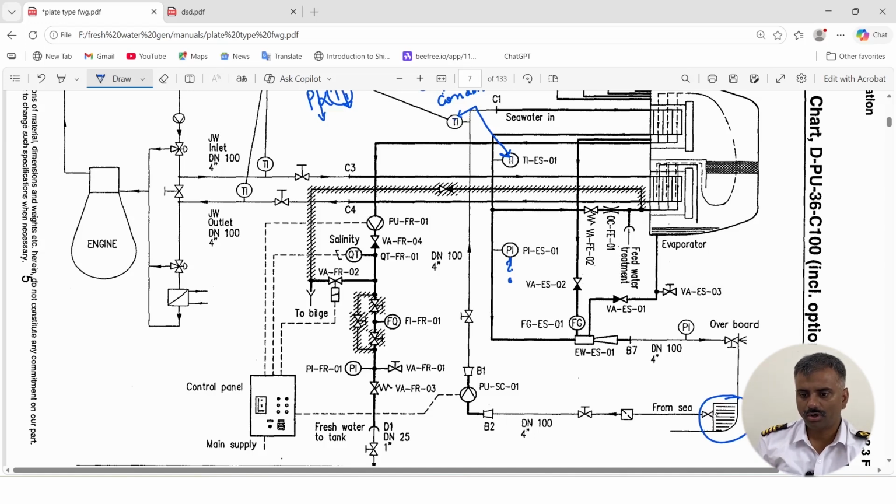Or sometimes it is connected to the seawater line also. So from the sea chest, seawater comes and passes into the strainer filter that you generally have in every pump suction. Then you have two reducers over here, you can see B1 and B2.